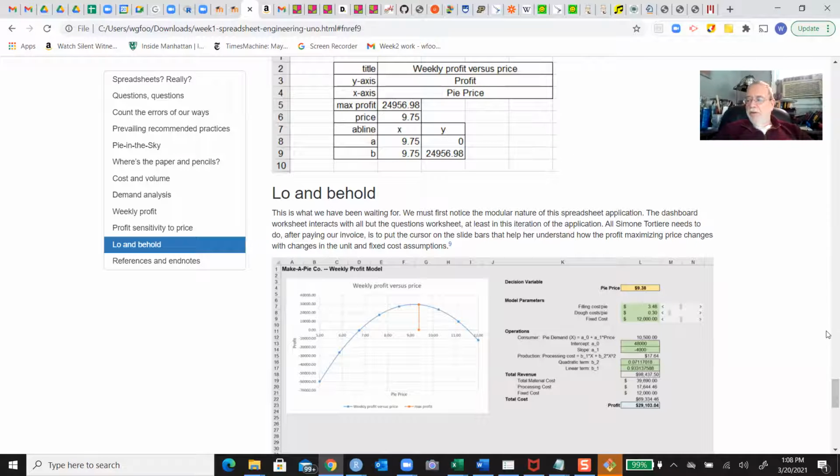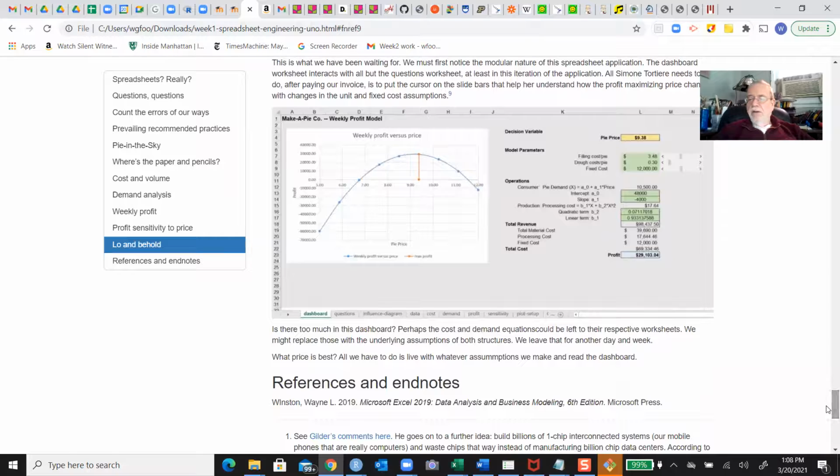And down here, you can see all of the modules of this model. There's a dashboard, questions, that's really project scope, an influence diagram. You've seen all these pictures. Even data is separated. And the only data we really have right now are perhaps assumptions.